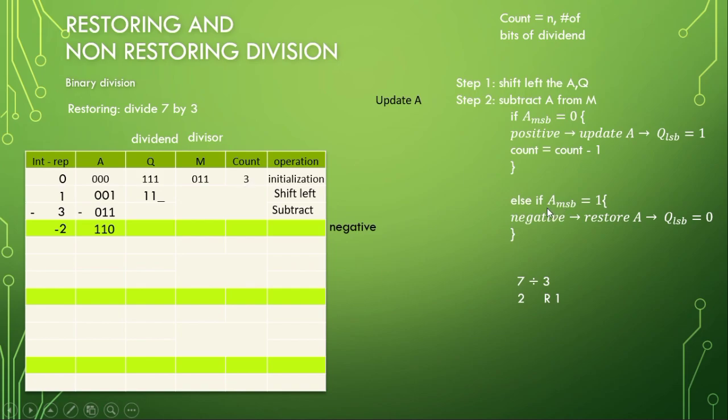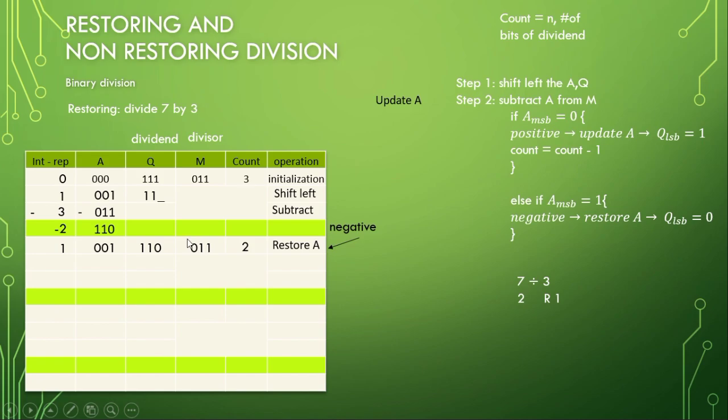Else, if our most significant bit is 1, meaning it's negative, restore A, meaning restore it to its previous shifted value, and then our least significant bit of Q is going to be equal to 0. So now we're restoring because our value is 1. If we restore, then we decrement the count by 1. I forgot to add the decrement. So we decrement the count by 1, and then we have this guy. M doesn't change. Our divisor doesn't change.